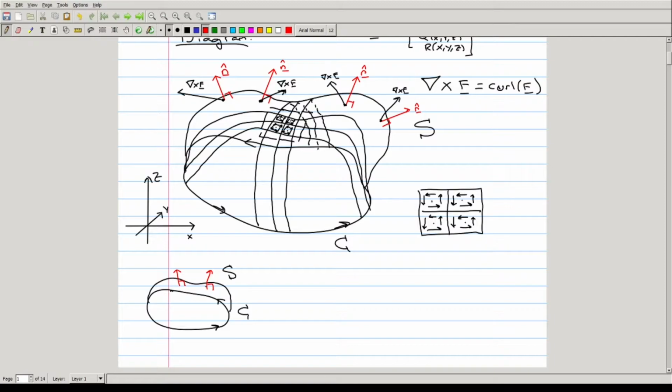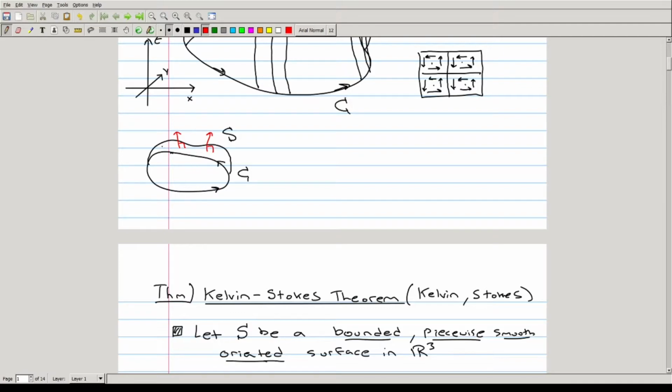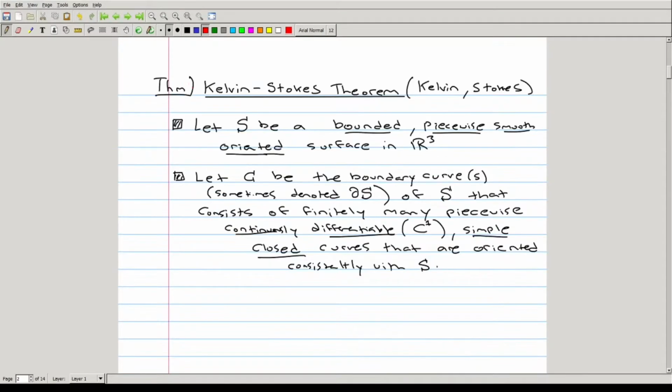The outward normal to the surface is pointing up. So we always need to maintain this orientation and be consistent. As we've seen before, it's important to understand and keep consistent with all of your orientations, especially when we're going through and doing the integral theorems. This is really important.